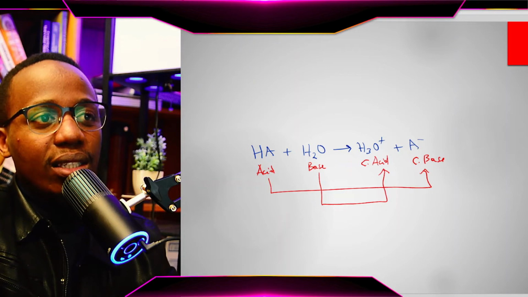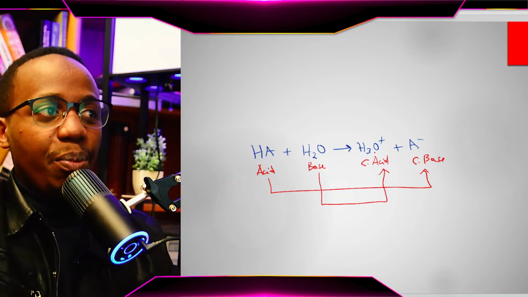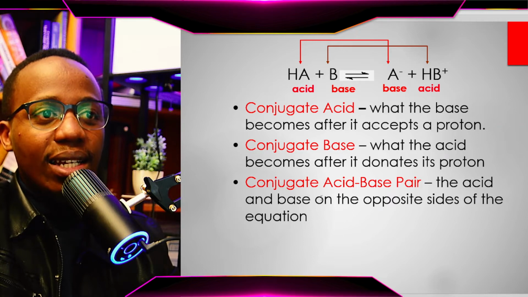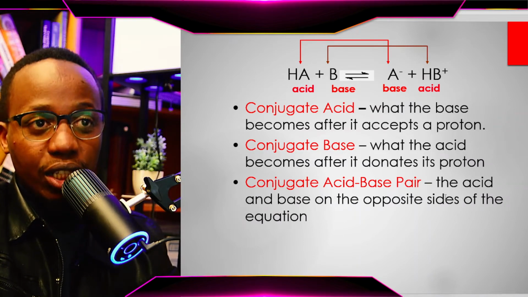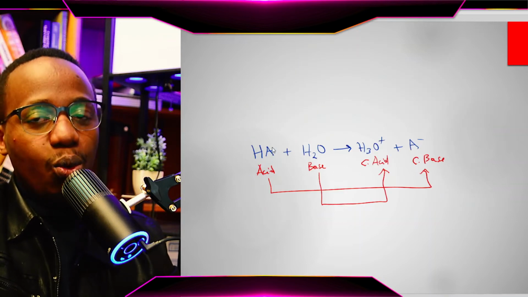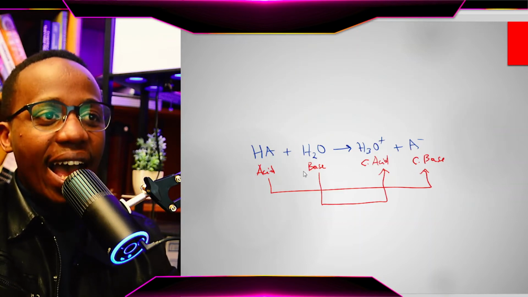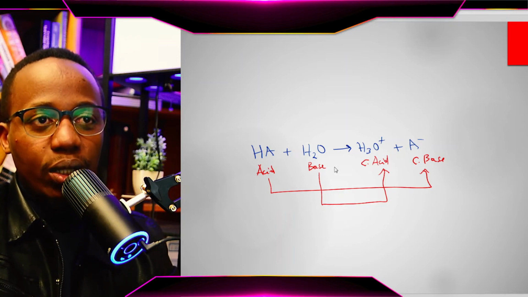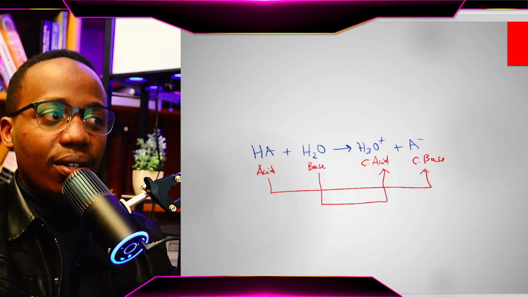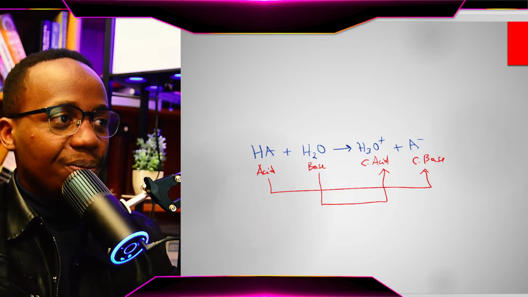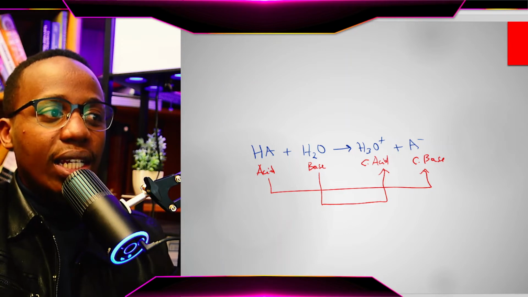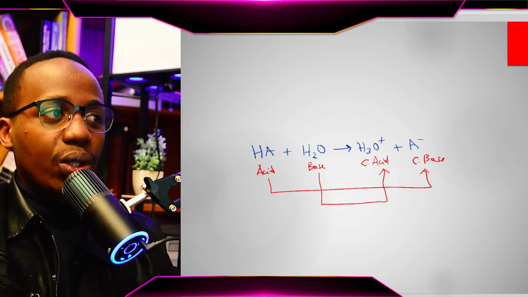And we call these acid-base conjugate pairs, right? So conjugate acid-base pairs, and the acid and base on the opposite side of the equation, right? So these are what we call them. So whether it's water or something else, whenever you have an acid and base reaction, they're going to give you the conjugate acid and bases, always. All right. So that's pretty much the conjugate acid and base pair, and that's all you need to know.